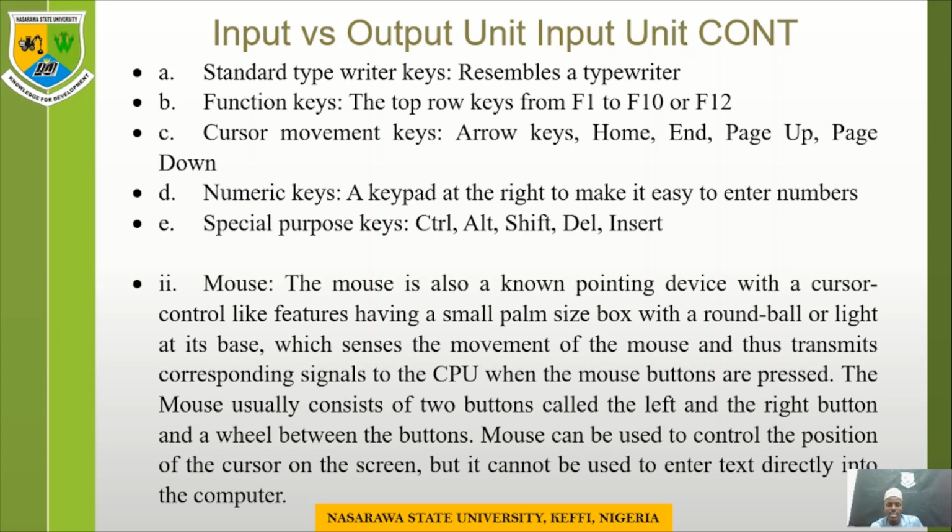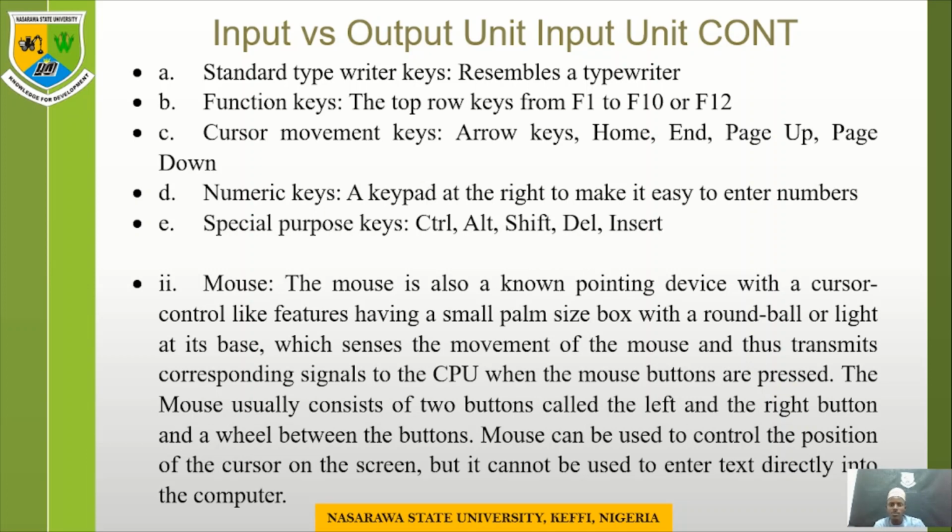The first group is the standard typewriter keys. The keyboard adopted the typewriter keys and added some more. These are the normal keys, the A to Z typing keys, and the space.